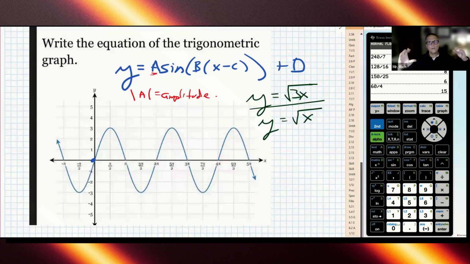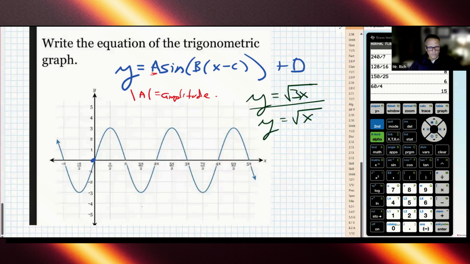meaning that we took that function and we compressed it so that it came 1/3 closer to the y-axis. That's why when this number b in this sine is larger than 1, it's going to end up compressing the function and making the period shorter.